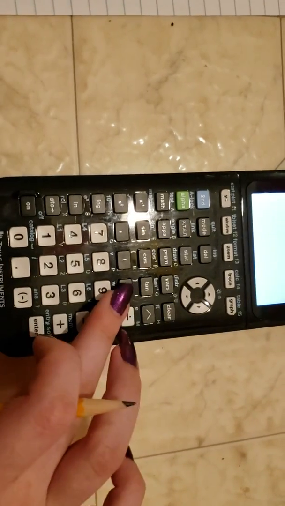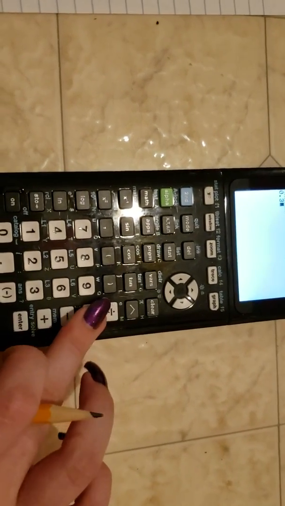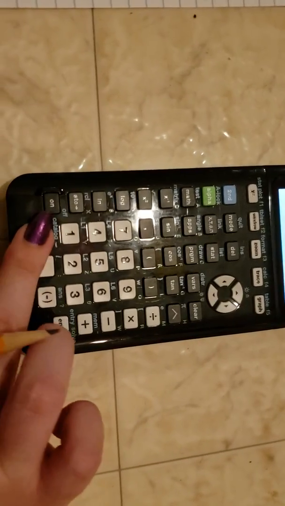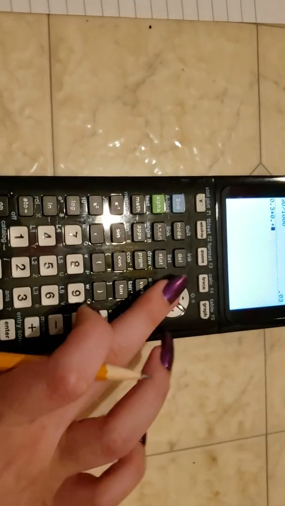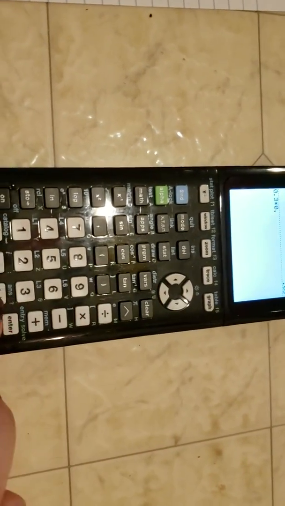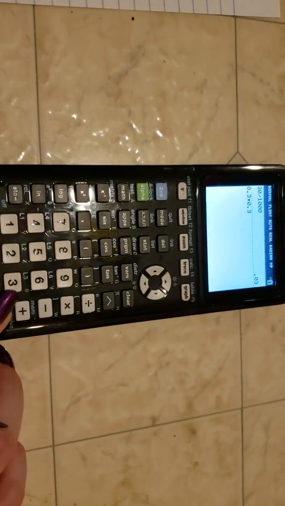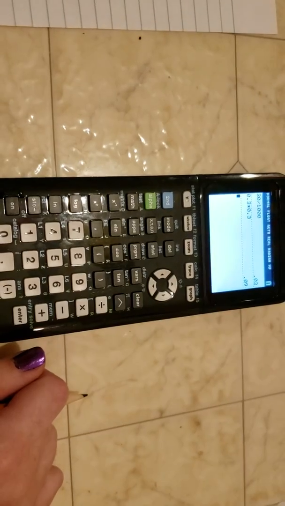No, what the heck am I doing? Getting carried away here. 0.3 times 0.3. Today is just not my day. See? There we go. No, it's 0.09. I'm glad I checked that on the calculator.